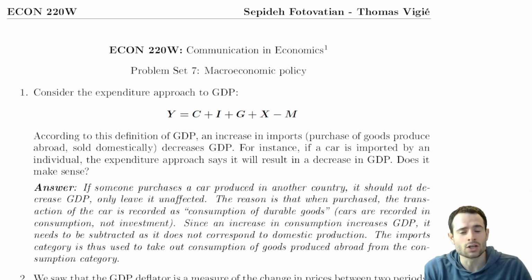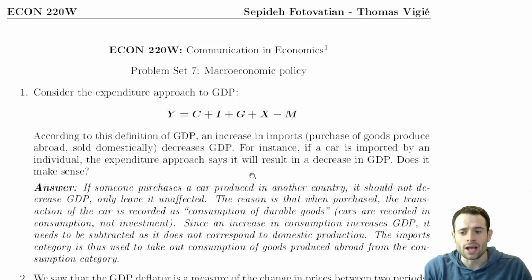That purchase will increase GDP. Since this good was not produced domestically, but was produced abroad, then, in principle, it should not increase GDP, nor should it decrease it. Thus, we include minus M at the end to cancel the purchase of foreign goods that initially entered the C category.